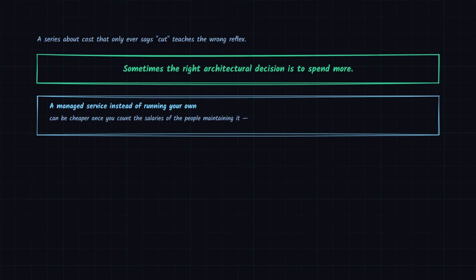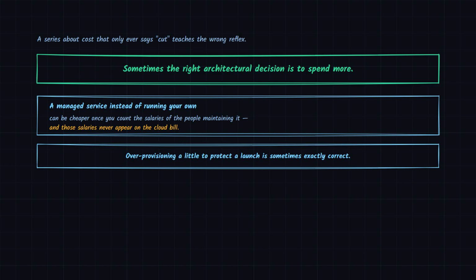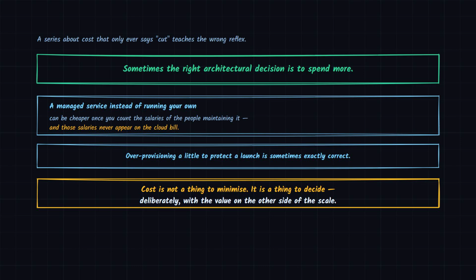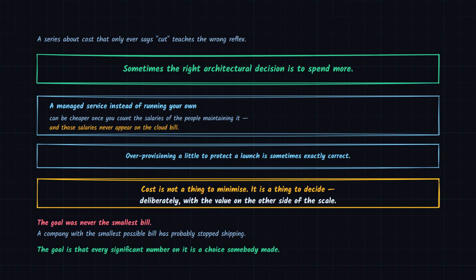Over-provisioning a little to protect a launch is sometimes exactly correct. Cost is not a thing to minimize. It is a thing to decide deliberately with the value on the other side of the scale. The goal was never the smallest bill. A company with the smallest possible bill has probably stopped shipping. The goal is that every significant number on it corresponds to a choice somebody made on purpose.